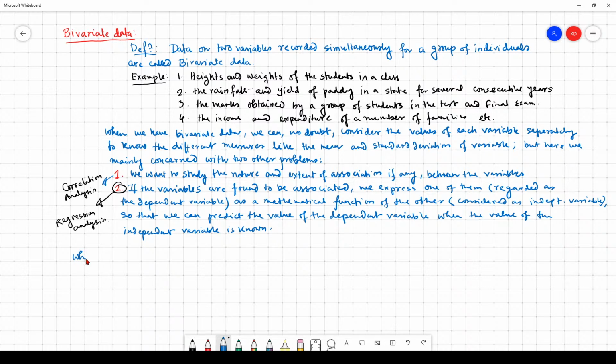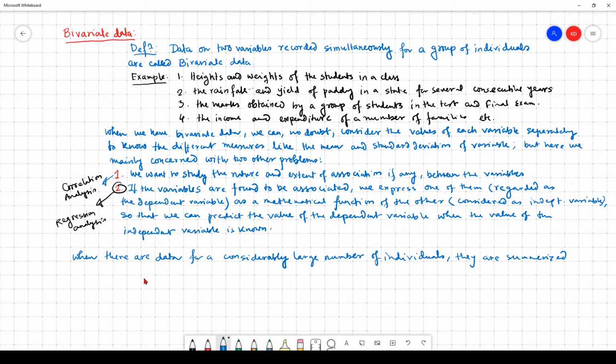When there are data for a considerably large number of individuals, they are summarized in a two-way frequency table.